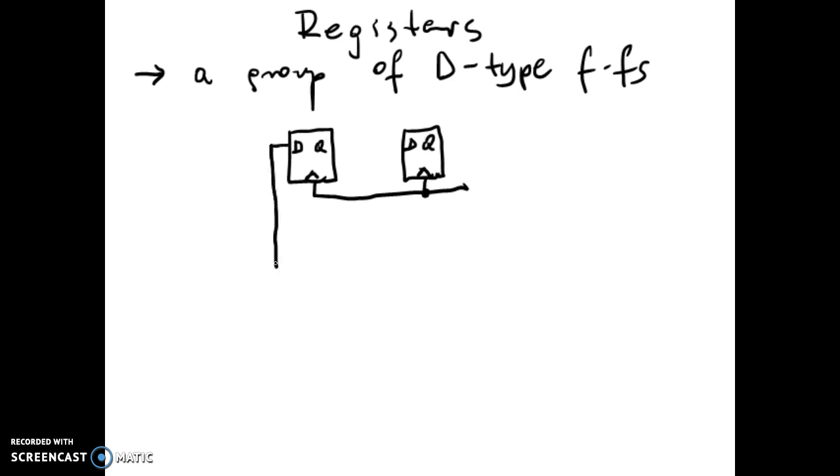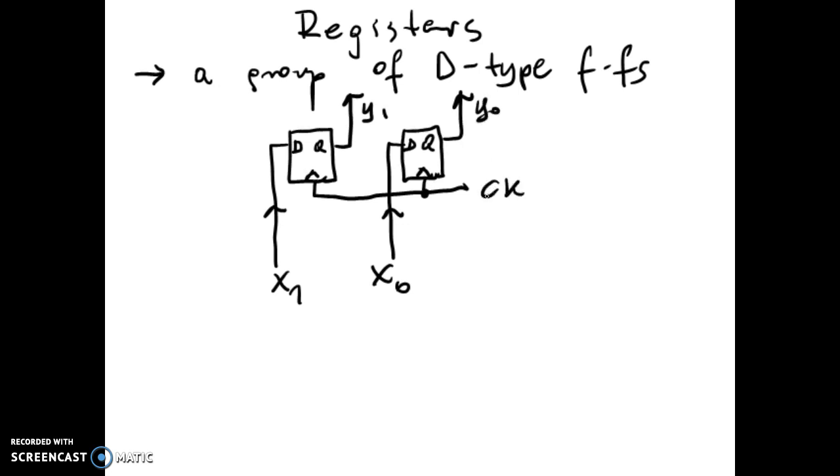So the inputs, I will draw them here, let's call them x1, x0, because they constitute one sequence. It can be a number, in binary or so on. Similarly, I will denote the outputs as y1 and y0, and ck is a common clock.